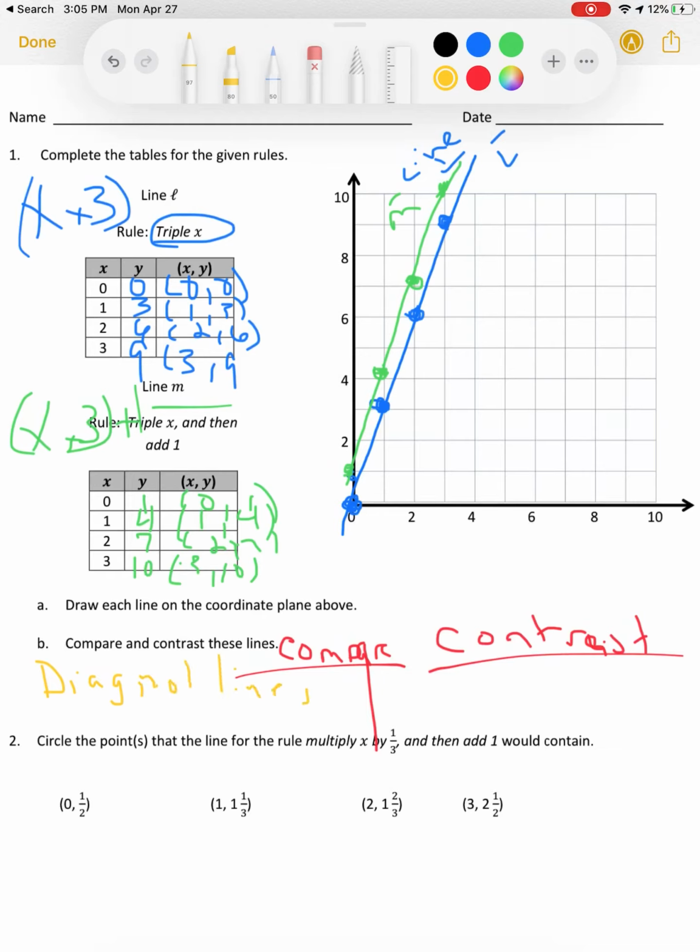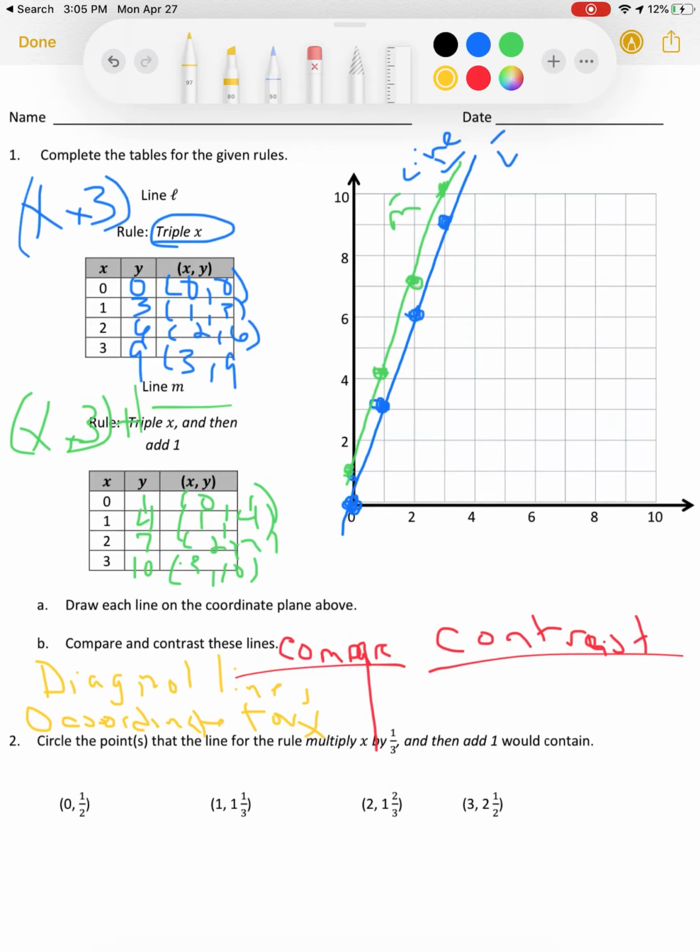Anything else that is like between these points? They both have a 0 coordinate for x. Okay, anything else?